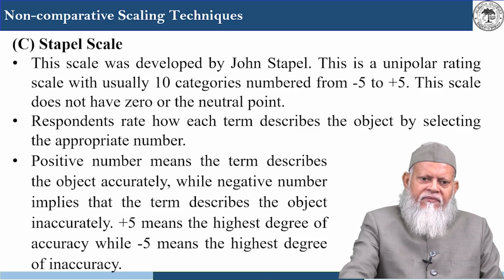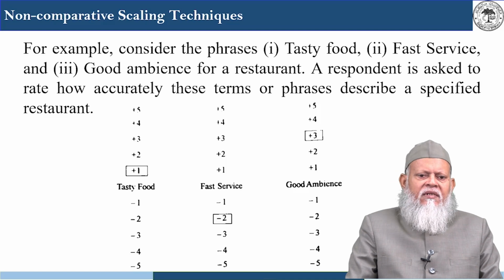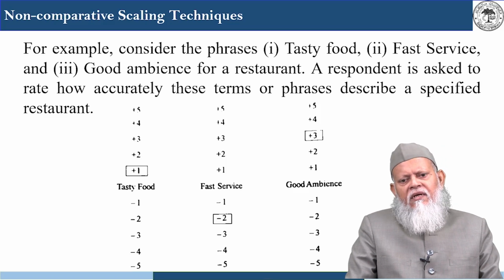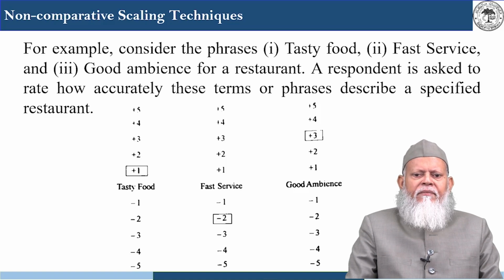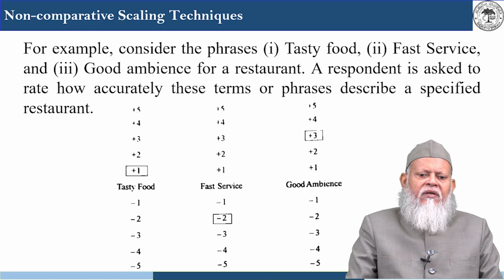So in a Stapel case, we consider this example: we consider the phrases number 1 tasty food, number 2 fast service, number 3 good ambience for a restaurant. A respondent is asked to rate how accurately these terms or phrases describe a specified restaurant. So for tasty food he has given +1.